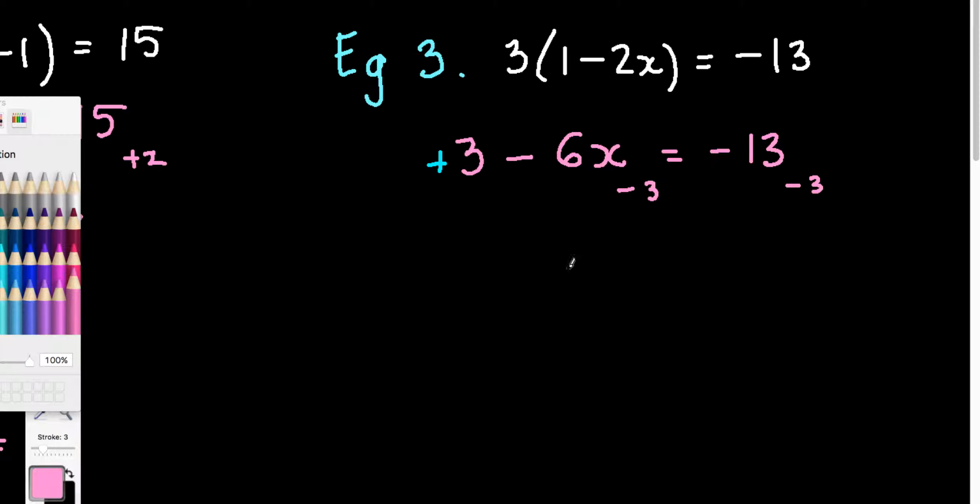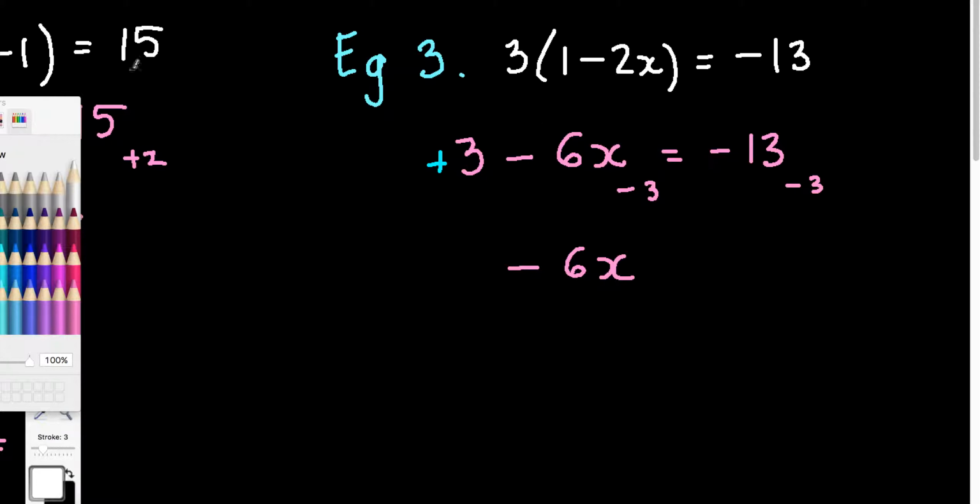When I take away that 3, I'm not left with 6x, I'm actually left with negative 6x. So keep in mind that all of this bit here, this term, has that sign in front of it. That's the bit that's left over, because this positive 3 and taking away of 3 is the only bit that's cancelled out.